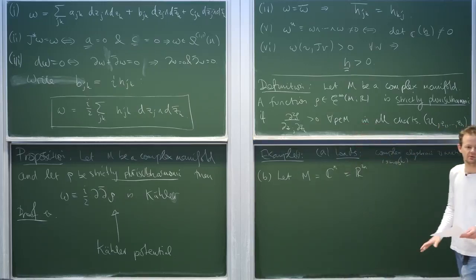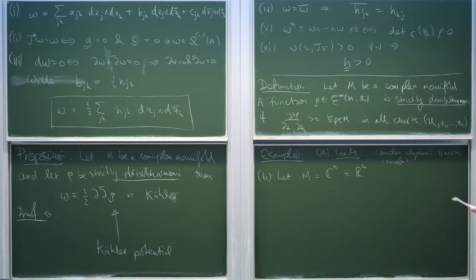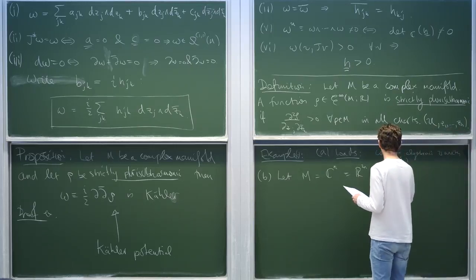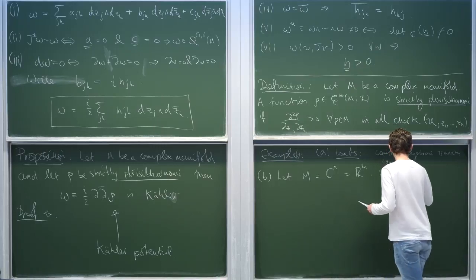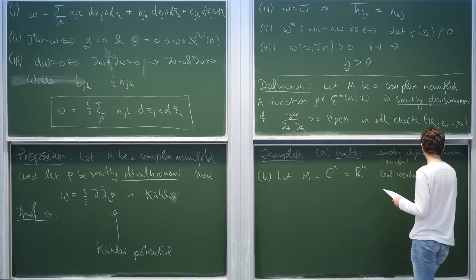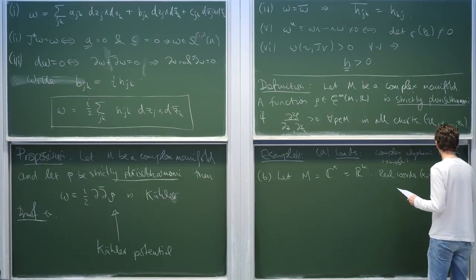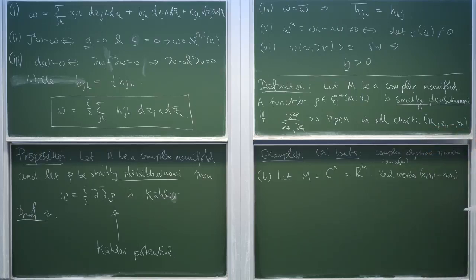It better be that this most familiar of examples is a Kähler manifold. So this takes a coordinate chart.